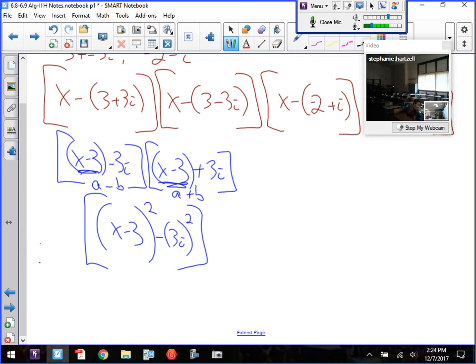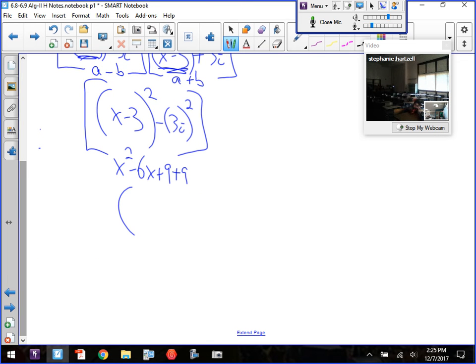So if you FOIL out, you get x squared minus 6x plus 9. Three squared is what? i squared is -1. So you get x squared minus 6x plus 9 minus a -9, which means it becomes... So all this junk on the left is that.